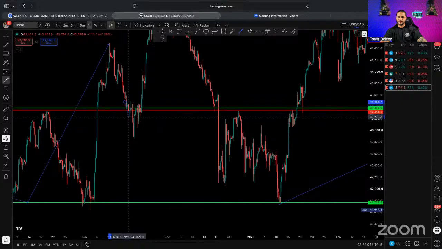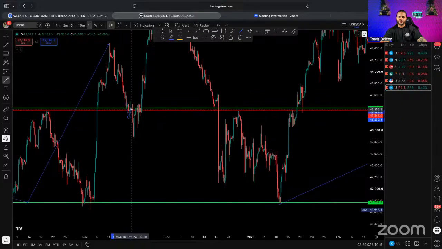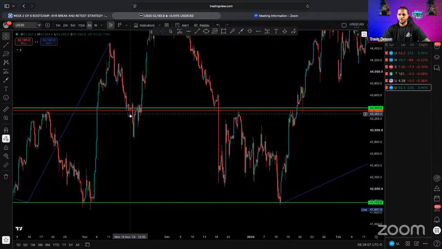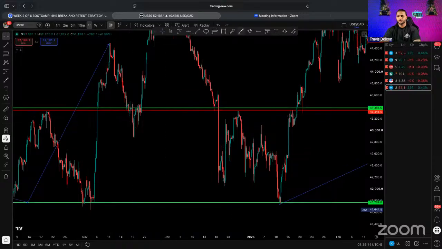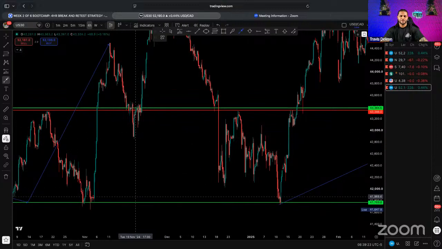After the break under, we're still not looking for a sell because we're in an uptrend, so we're only looking for buys. We're looking for price to come back above, and we're not trading anything here until it does. If price came back into the 41,762 level, you would have looked for a buy from there again, but price didn't come back down here.